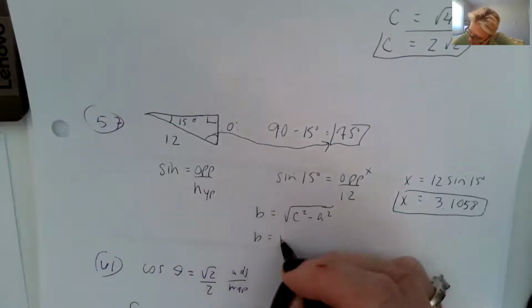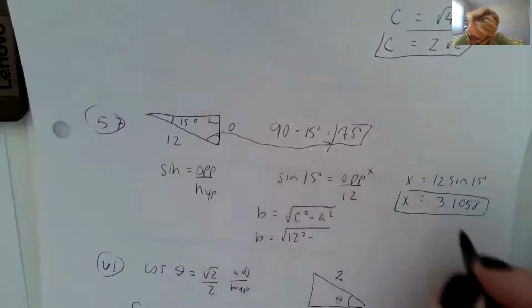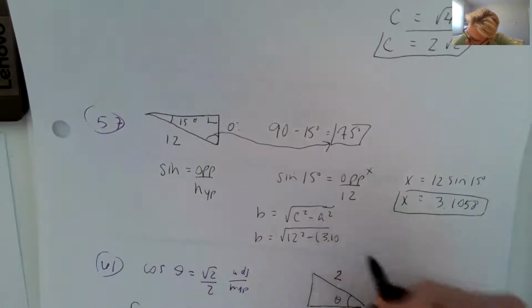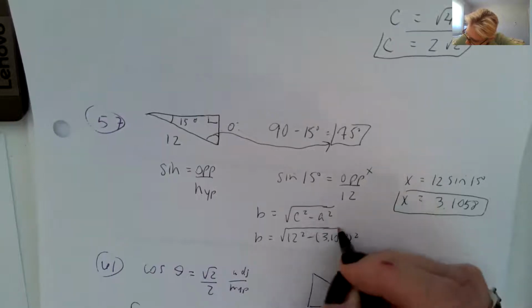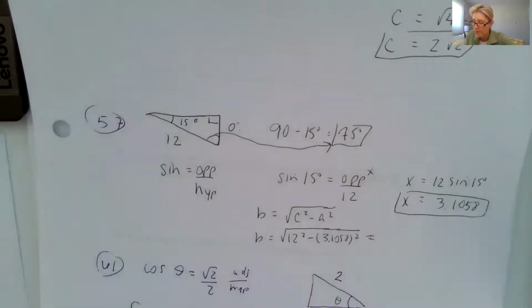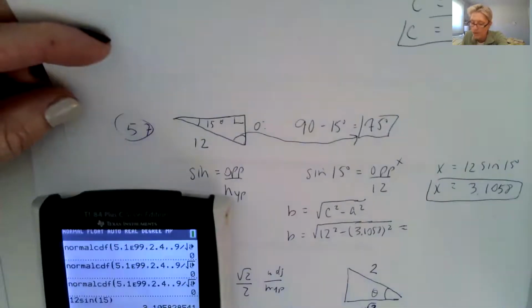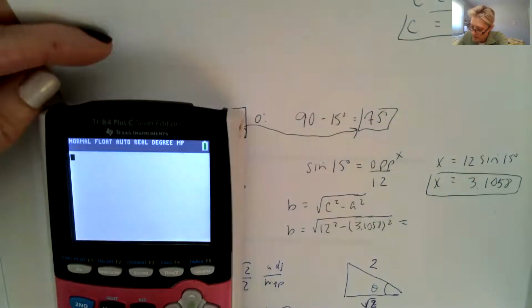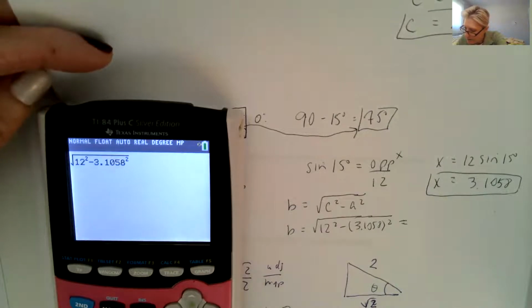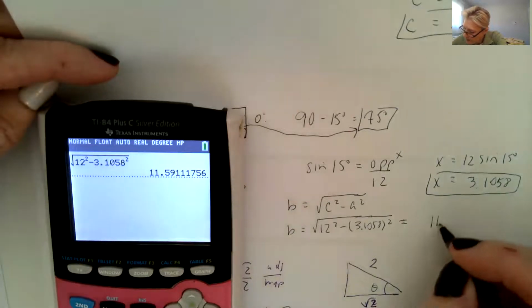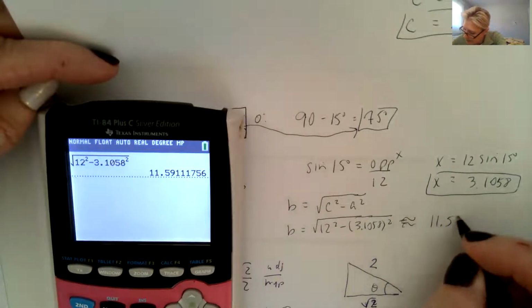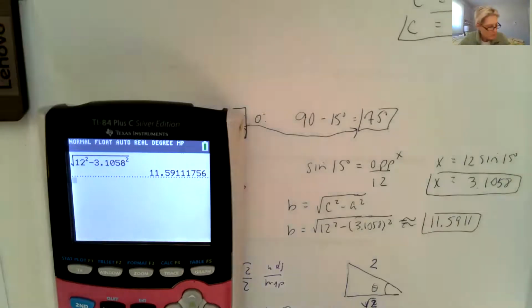So b is equal to the square root of 12 squared minus 3.1058 squared, because 12 is our hypotenuse. And that comes out to be approximately 11.5911.